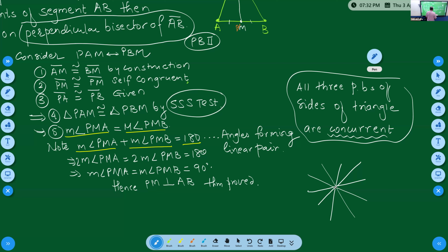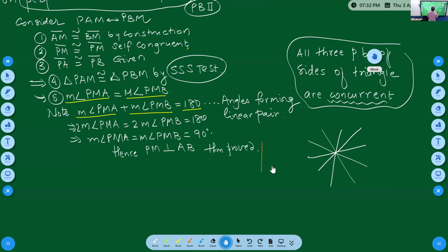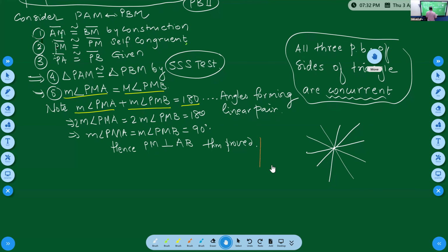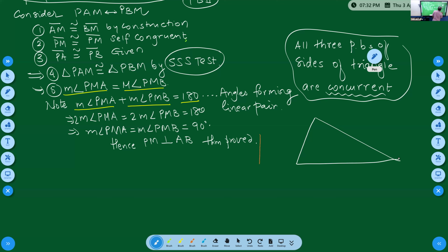But surprisingly, no matter how you draw the triangle, if you draw the perpendicular bisectors of the sides, they are going to be concurrent. Let me draw a triangle ABC.